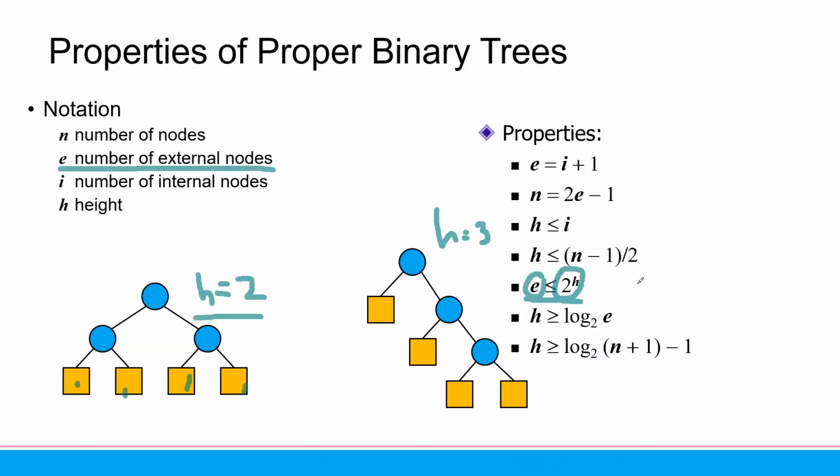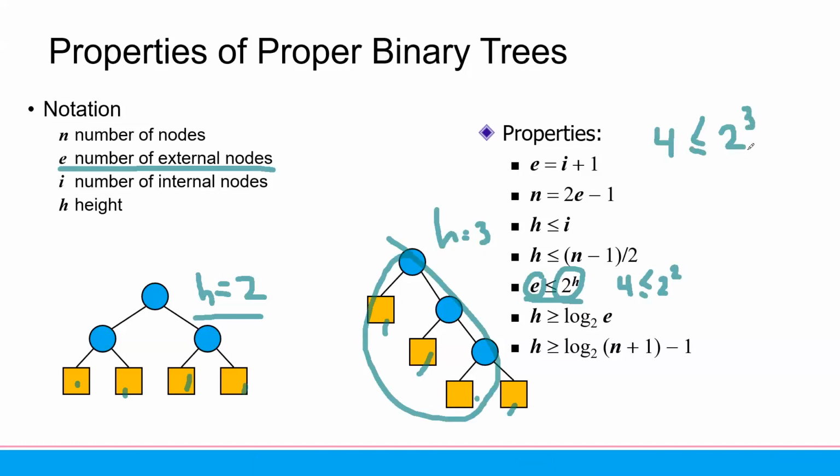So in this case, we have 2 to the power of 2. 4 is less than or equal to 2 to the power of 2. But what about this one? e is the number of external nodes. We have 1, 2, 3, 4. 4 is less than or equal to 2 to the power of h. h equals 3, so it means 8.